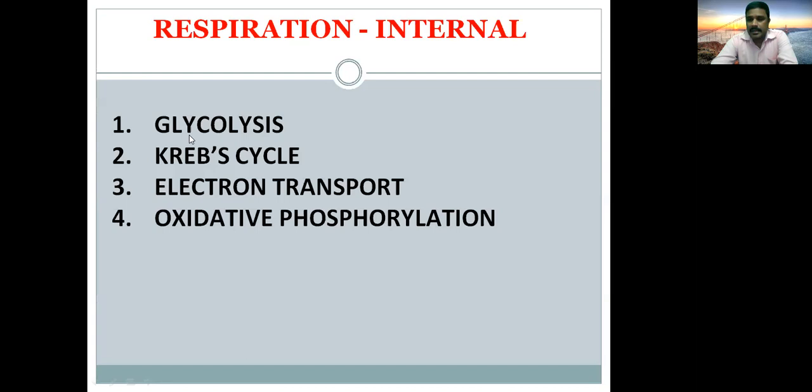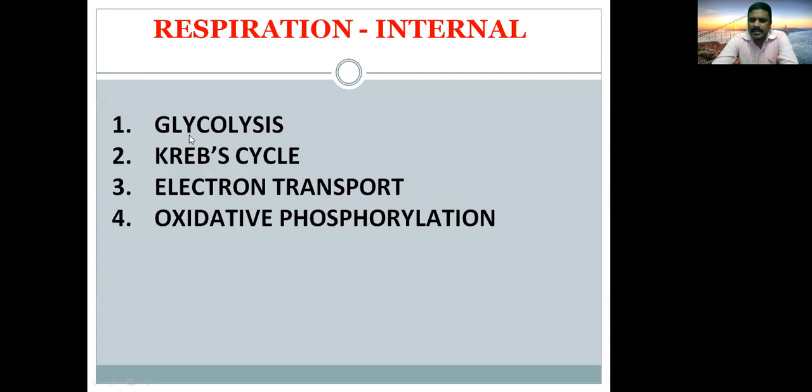And some organisms do not require oxygen, or to be more precise, they cannot get oxygen. For that purpose, they have developed an alternative method called anaerobic respiration. Even when there is no oxygen, they are able to produce energy or ATPs in their bodies.